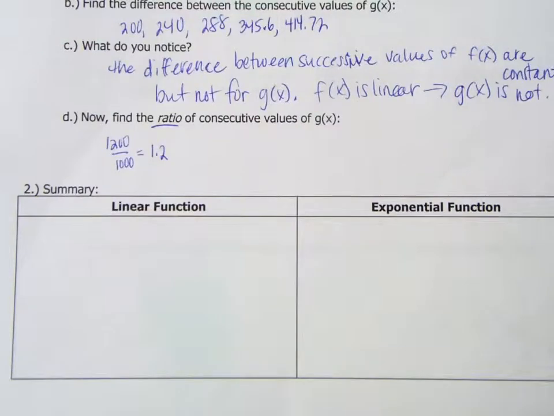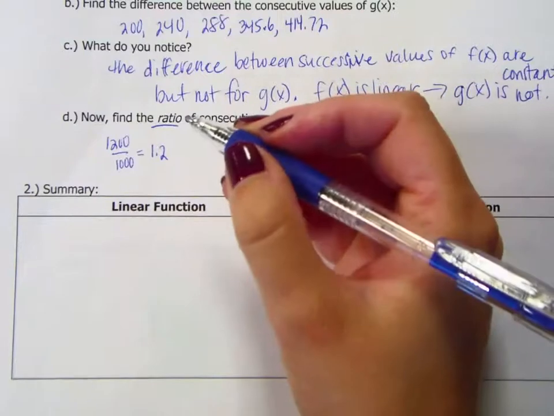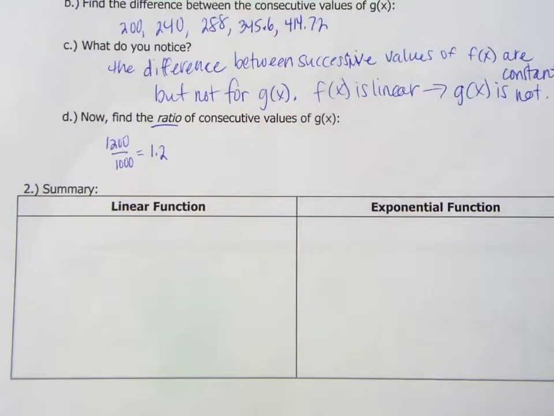Rachel, what are you getting for your ratios here? 5 to 6. Go ahead and state it as a decimal, that's fine. 0.83. That's actually not what we should be getting. It should be 1.2.